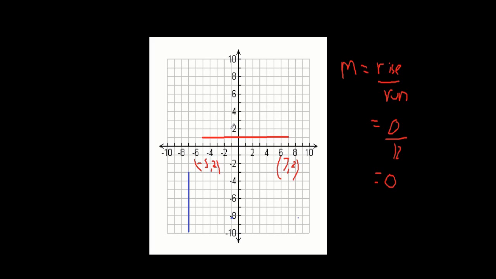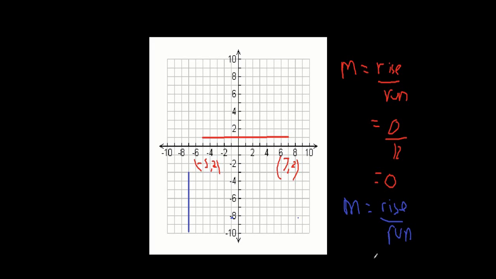So vertical lines are a bit different. There's no run with vertical lines. We do have a rise because the line could rise up or down, but there's no run. So that means our run would be 0. If we were to write it out, we'd have m equals rise over run.